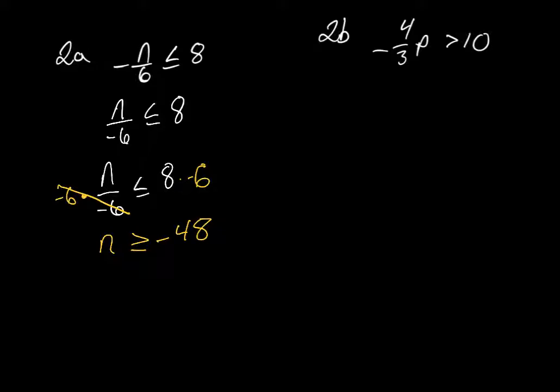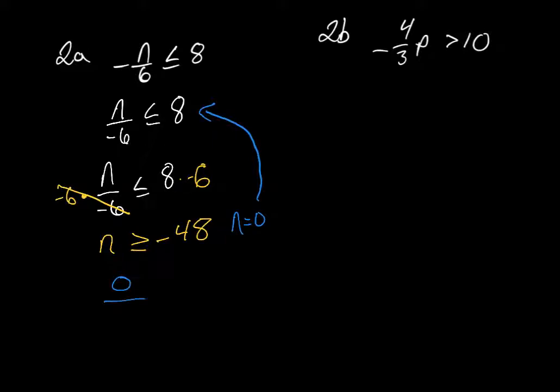I'm going to take the time to check my answer here. If n has to be greater than negative 48, choose a number that's bigger than negative 48. I'm going to choose n equals 0 because 0 is bigger than negative 48, and plug that into our original inequality.